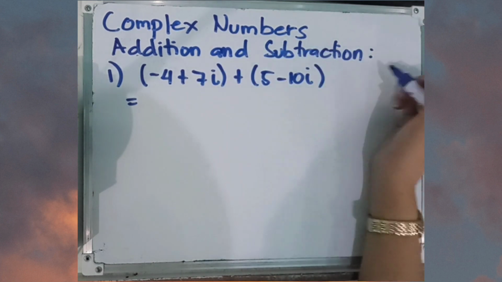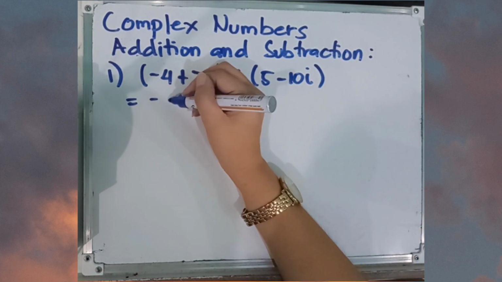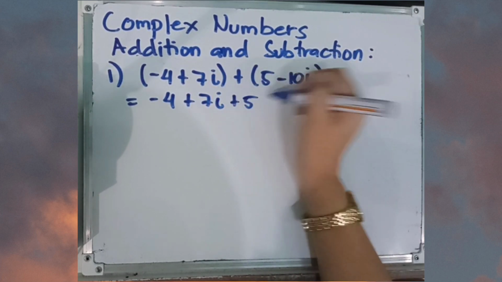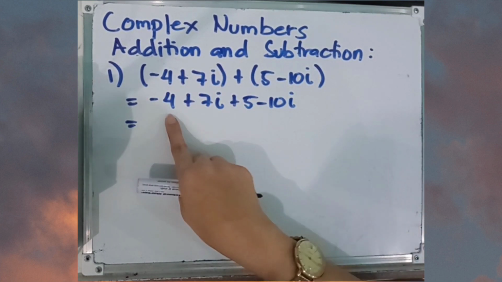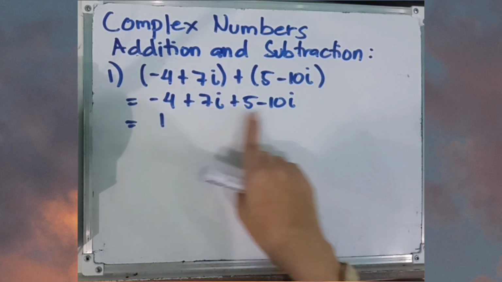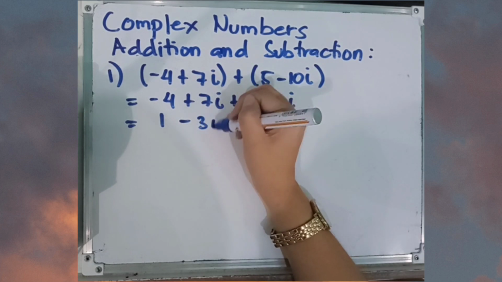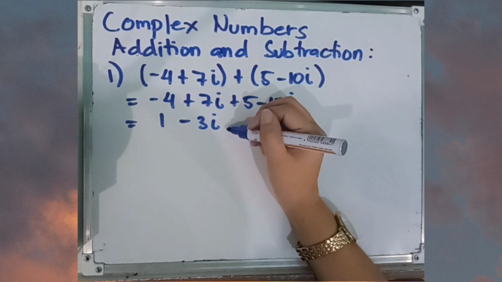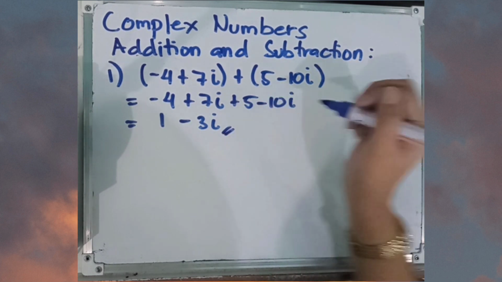So if we remove the parentheses, we will have negative 4 plus 7i plus 5 minus 10i. Simplifying, negative 4 plus 5, of course, is 1. 7i minus 10i is simply negative 3i. For your final answer, always write it in standard form, a plus bi or a minus bi.